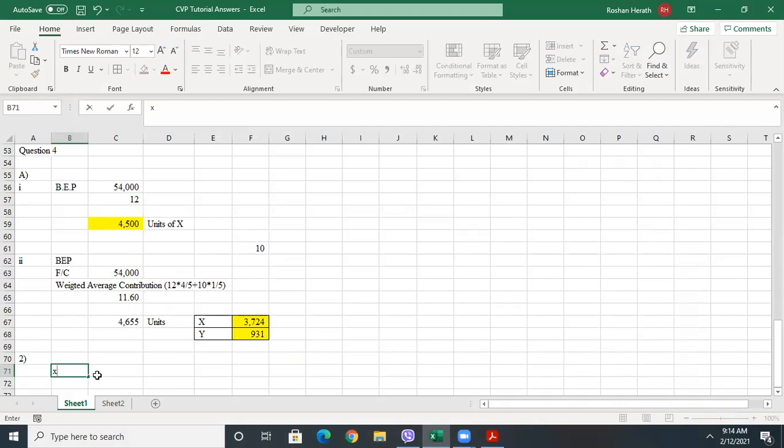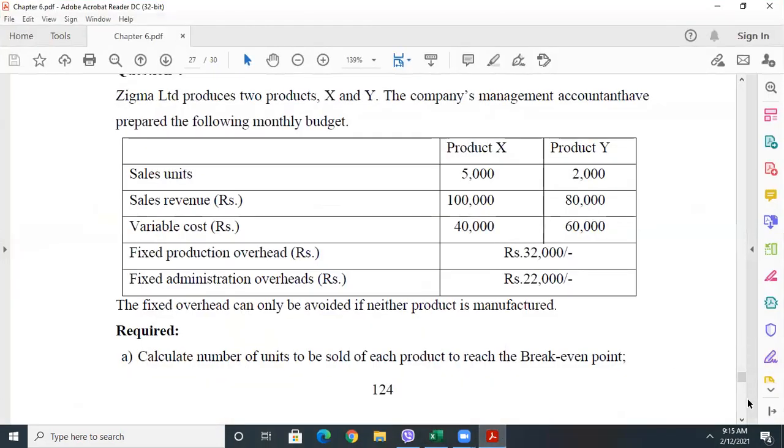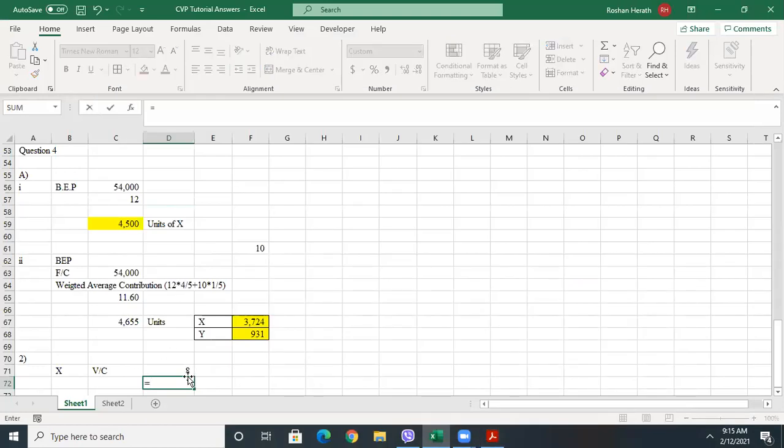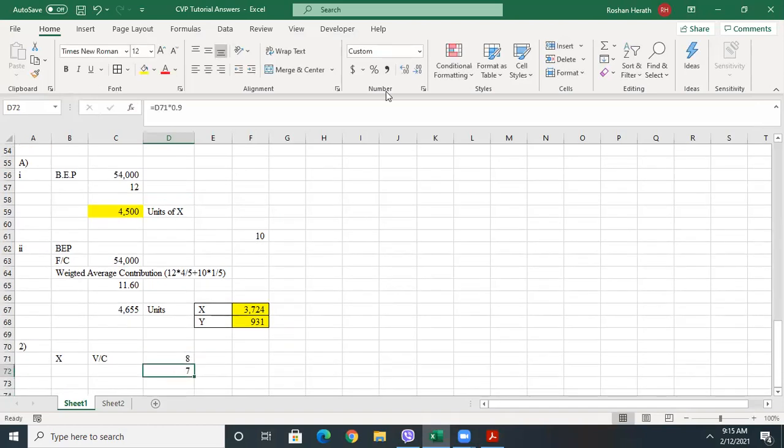If you take product X, variable cost is simply 40,000 divided by 5,000. So it's 8. Under the new method, it will reduce your variable cost by 10%, so the new variable cost is 90% of this. Accordingly, it's going to be 7 rupees and 20 cents.